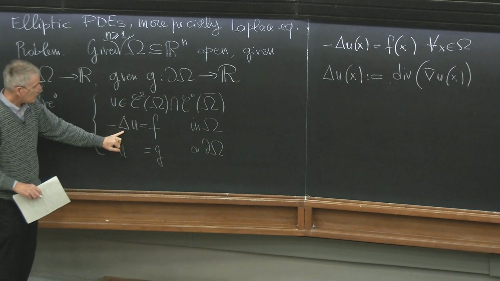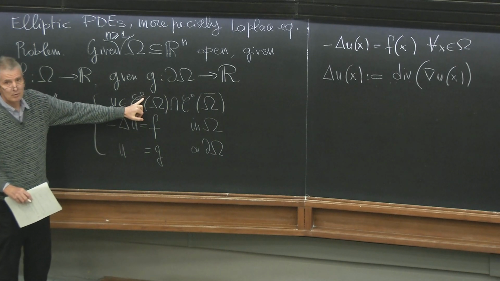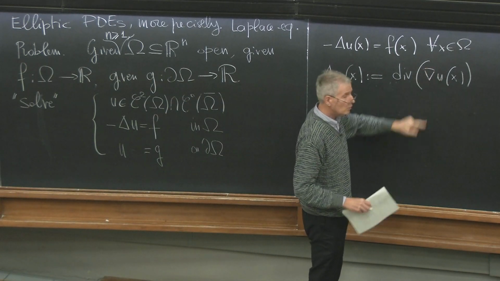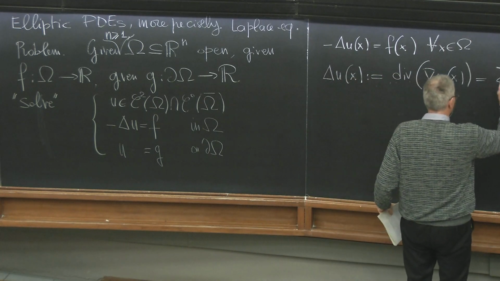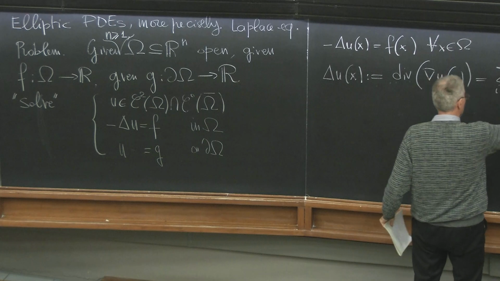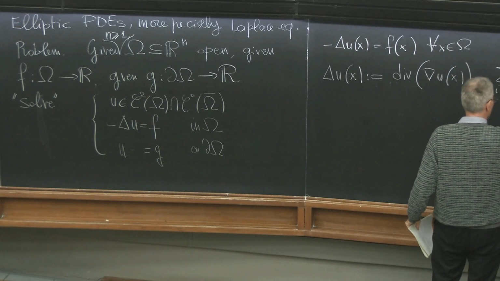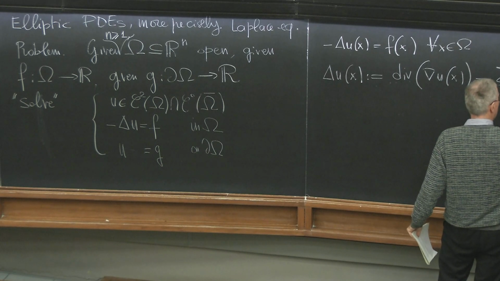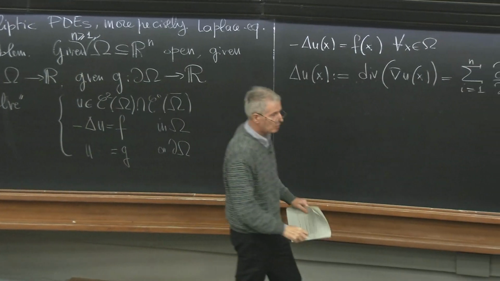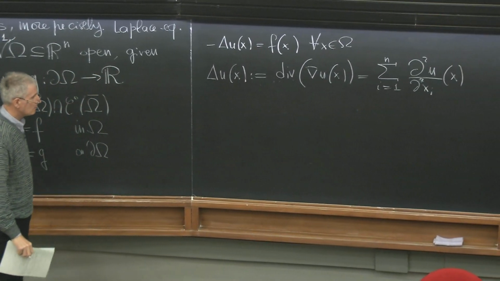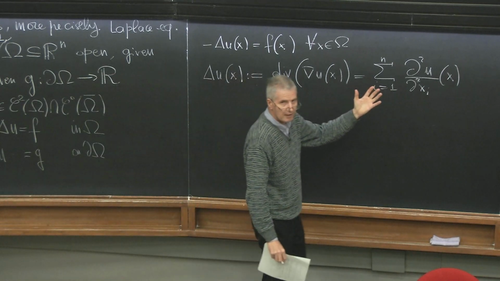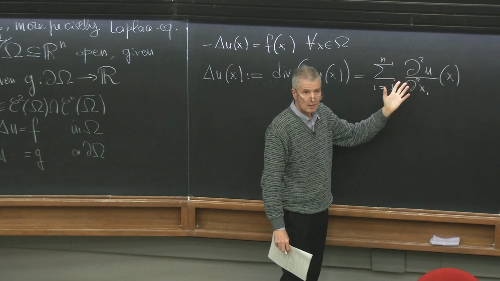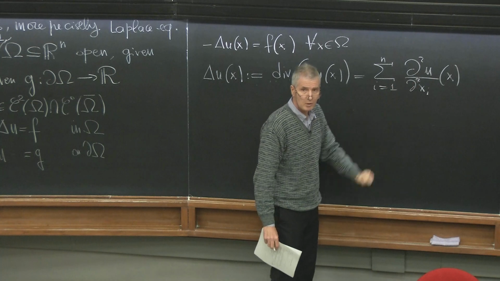And you see, I need u to be twice differentiable, because I take the gradient of u, and then I take the trace of the Hessian of u at any point x. So it is clear that in order for this to be well defined, it's preferable to have u in C2, such that the second derivatives are continuous, and therefore this is pointwise defined everywhere.